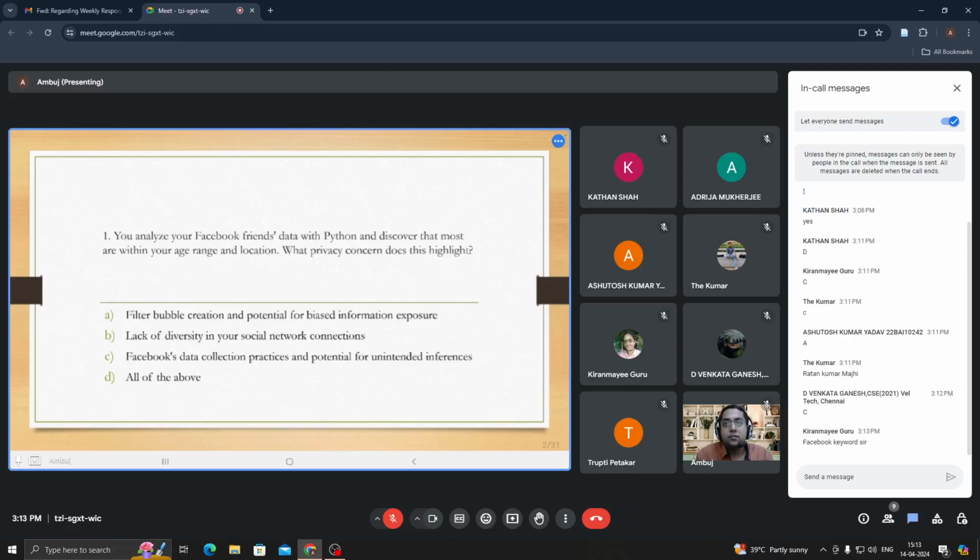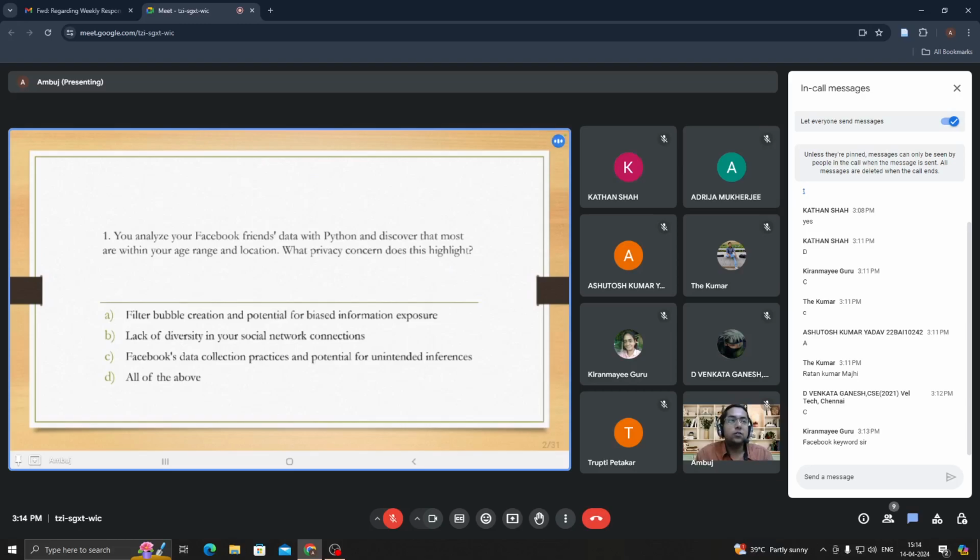Facebook is a keyword, sir, you go for keywords. Okay, Facebook is a keyword. I got it. So filter bubble creation and potential for biased information exposure won't be there in Facebook. What do you mean by that? Try to explain it a bit further. And lack of diversity in your social connections: my friends' data matches with my own data.